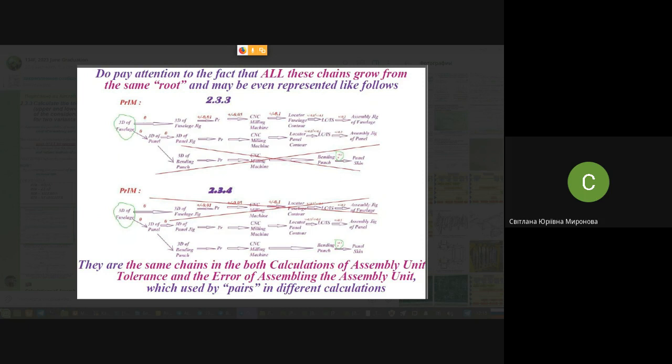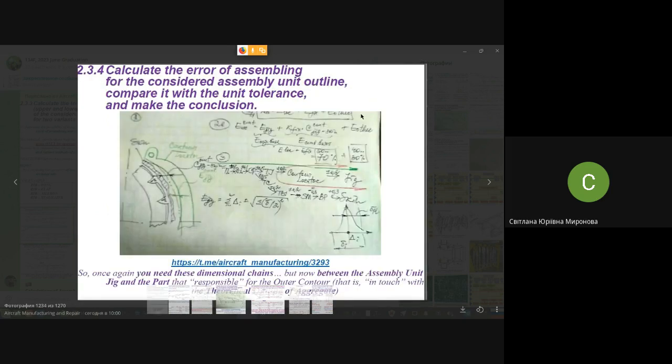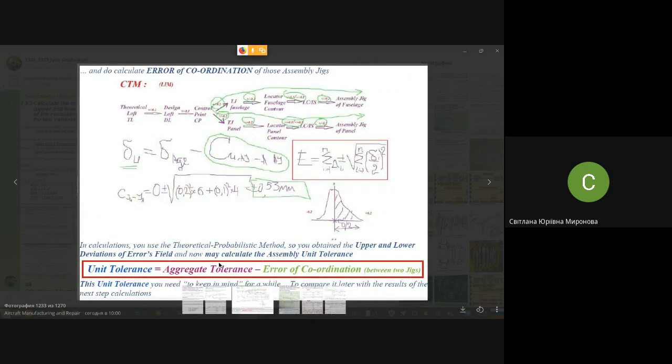That is why you are trying to understand what is the miscoincidence between your jig and the jig of the aggregate that you are going to work with at the next stage of assembly. You need to calculate this difference, subtract it from the aggregate tolerance, and then you will see what your own tolerance is, and postpone this. Like you don't use it for some period.